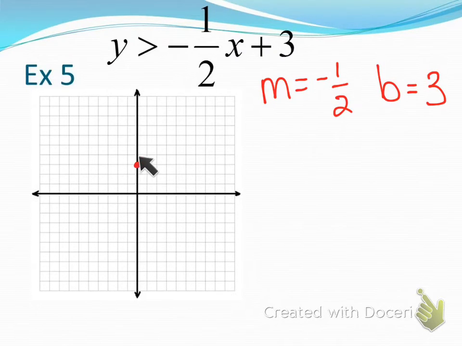Okay, so we can either go up 1 and left 2 or down 1, right 2. We just have to use that negative sign 1 time and 1 time only.